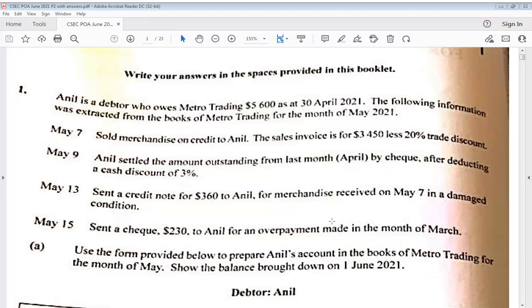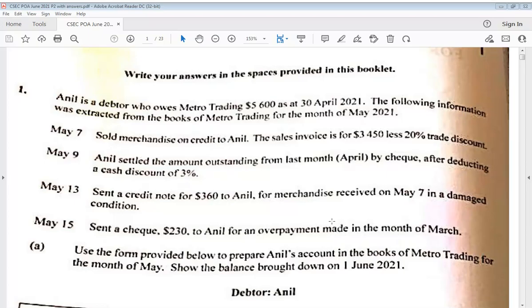Now we would not put this discount amount in Anil's debtors account, but what we would do, we take that 690 from that 3,450, and this would give us $2,760, and therefore this would be sales. This would represent sales on the debit side of his debtors account.